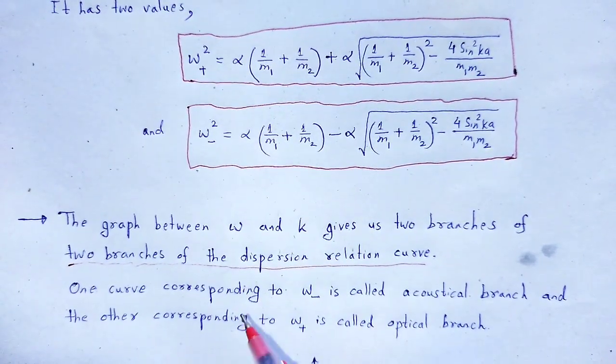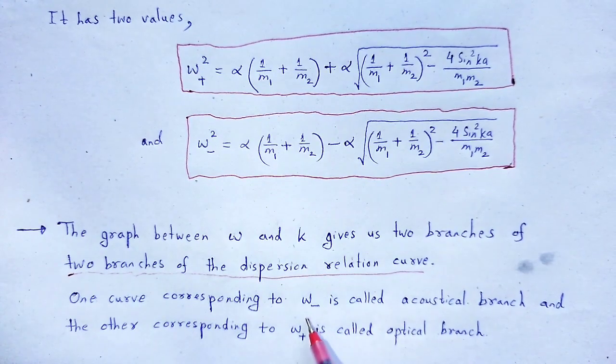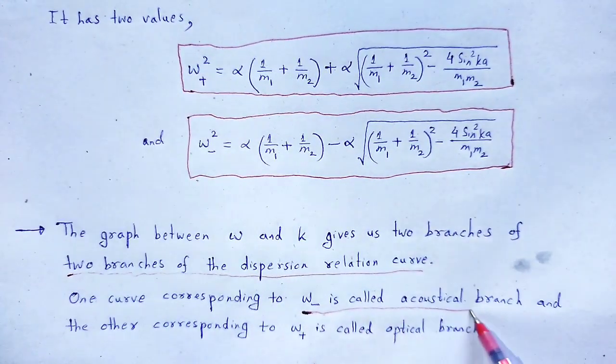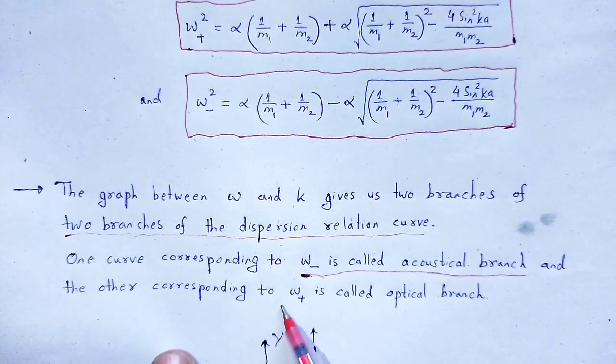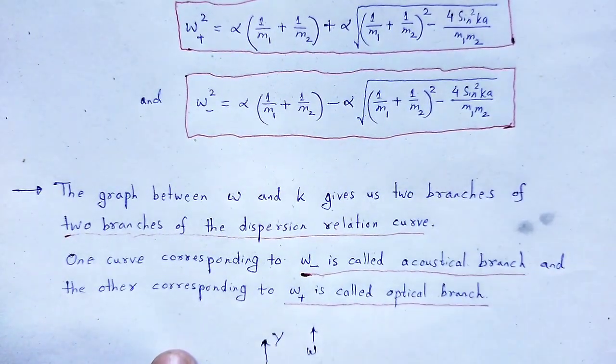The curve corresponding to omega minus is called the acoustical branch, and the one corresponding to omega plus is called the optical branch.